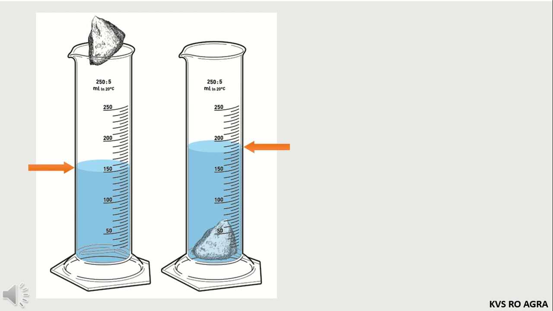So the stone gets submerged into the water and pushes the water level up because it needs some space for itself. So, how much space does it take by pushing the water level up? See, the water level rose up to 180 milliliter and initially it was 150 milliliter.